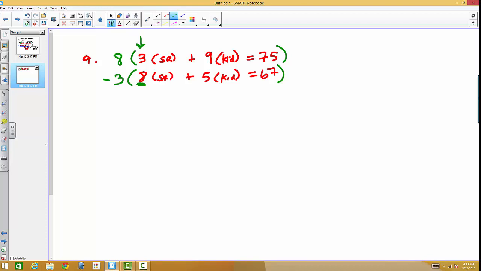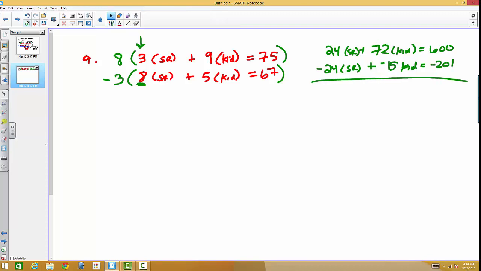So the whole top equation becomes 8 times 3, which is 24 for the seniors, plus 8 times 9, which is 72 for the kid, equals 75 times 8, which is 600. And then the new bottom one becomes negative 24 for the seniors, plus negative 15 for the kid, equals 67 times 3 is negative 201.